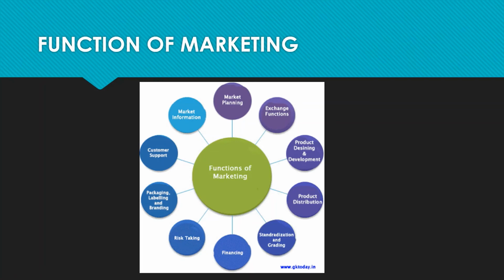Obviously, in marketing you have to take the risk. Packaging, labeling, branding, all these come under marketing. Customer support: obviously you have to give it, so that in case of any damage the customer can reach you very easily through customer care. And you also have to take market information, because you cannot sell the product at a higher rate than the market price, so you should have proper information about the market.